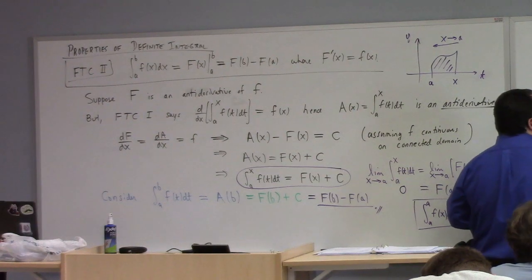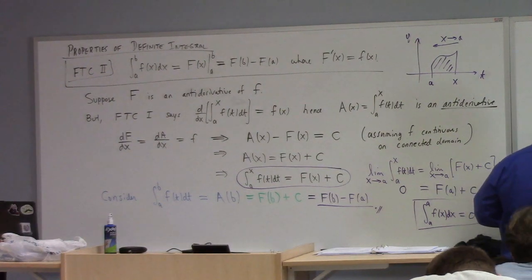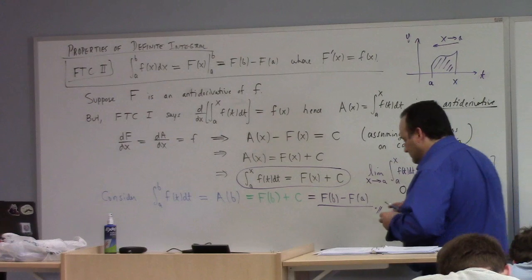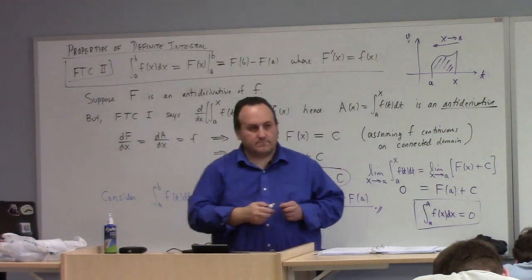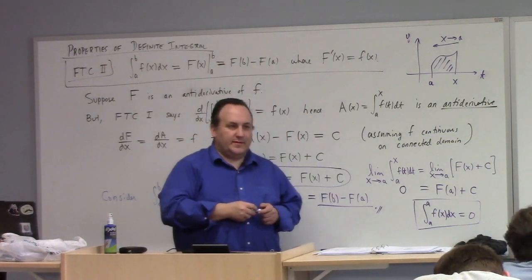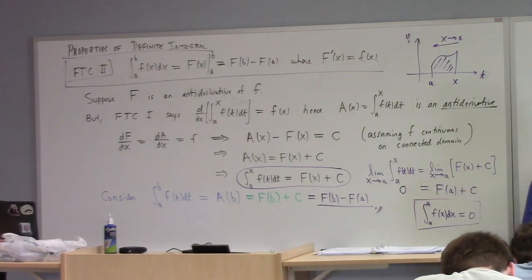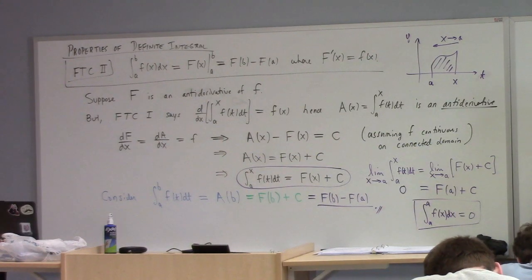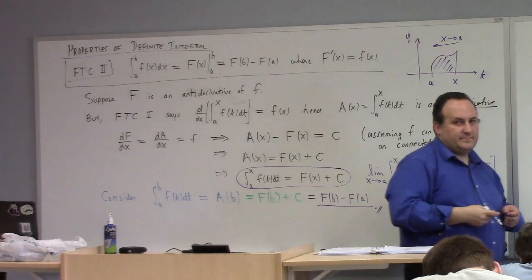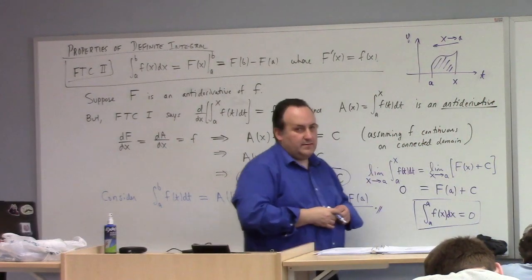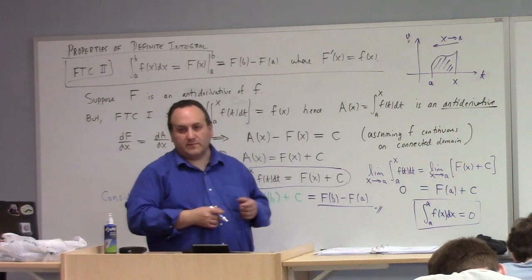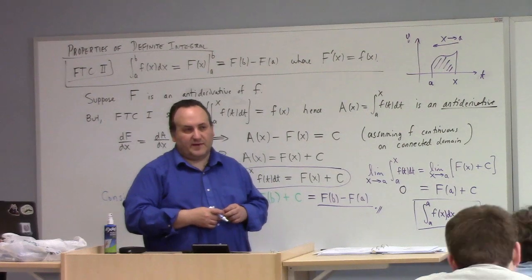Fine. Let's do it. The cosine of 2 pi is 1. Cosine of pi is negative 1. Right? I see that is fine.